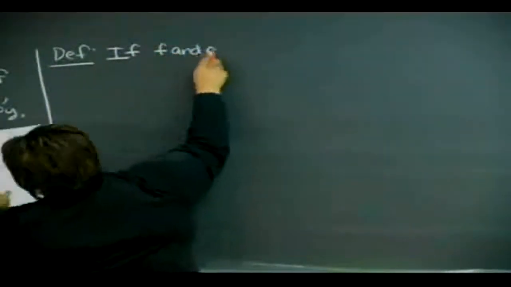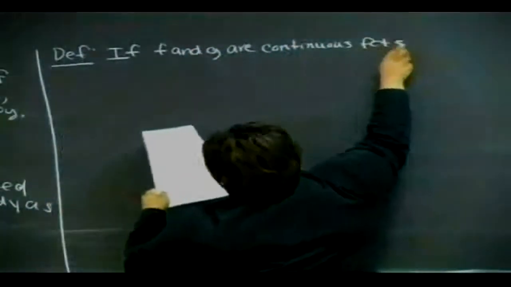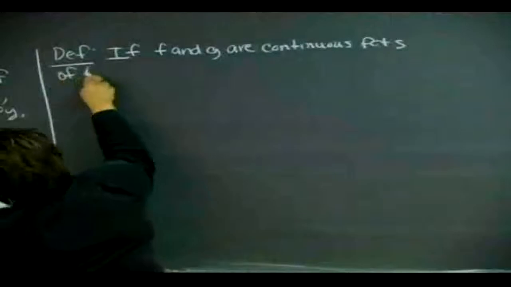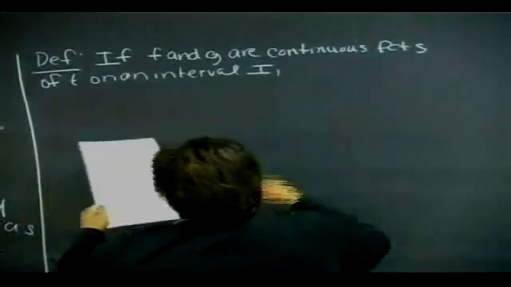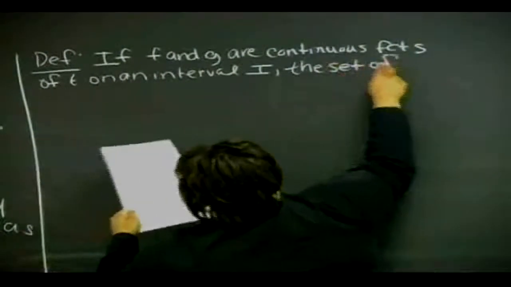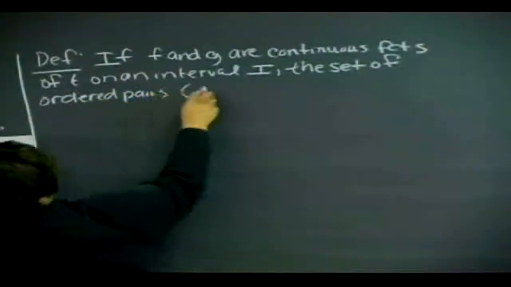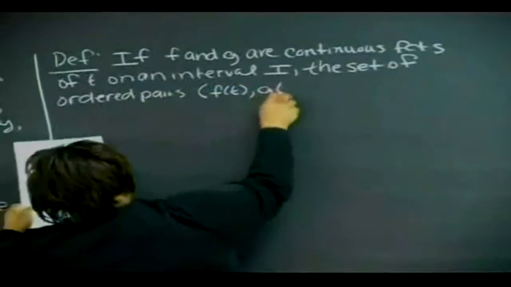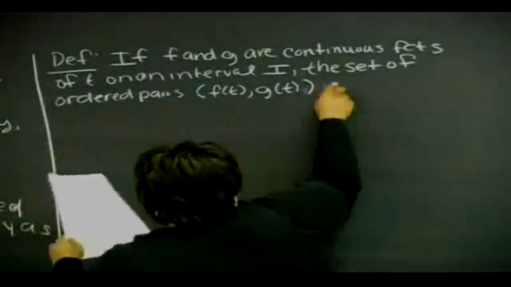So the formal definition of parametric equations is as follows. If f and g are continuous functions of t on an interval I, then the set of ordered pairs given by f of t and g of t is a plane curve.